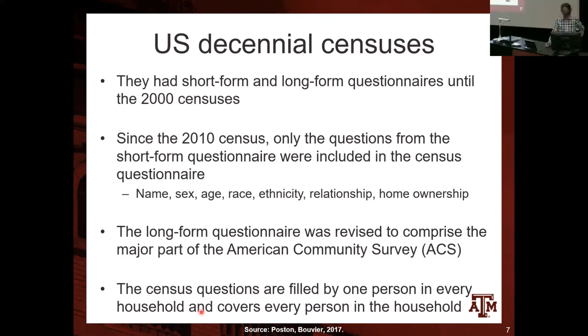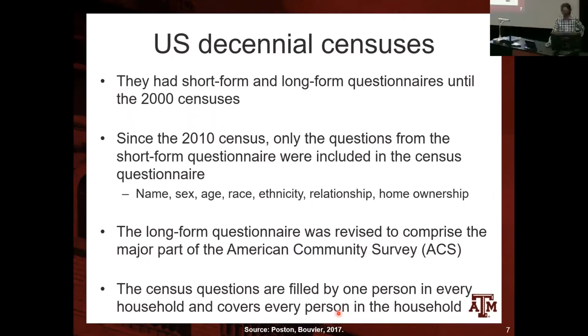Nowadays, what the Census Bureau does is send the questionnaire by mail. You receive the questionnaire, and there is a code and a link. If you don't want to answer on paper, you can just go to that link, type the code and answer online, and the information is automatically transmitted to the Census Bureau.